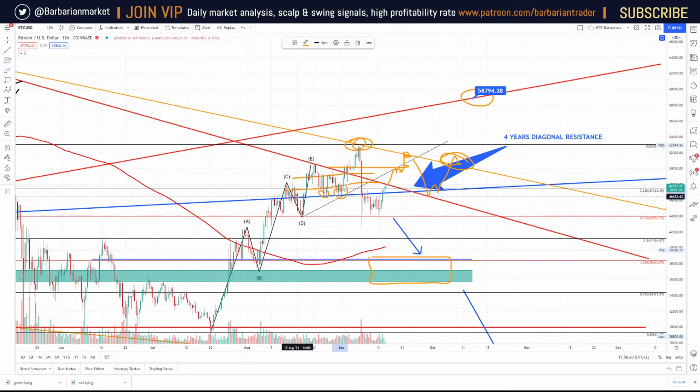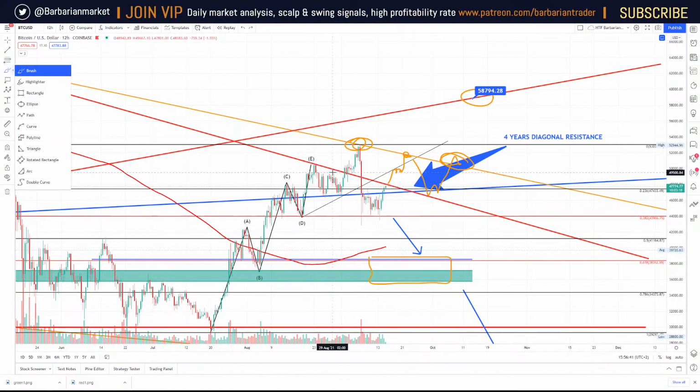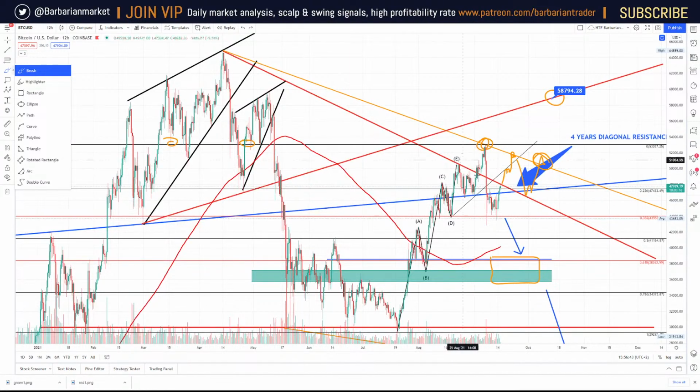So, we had this 4-year blue support, right? No, they break it. They go through it like cheese, right? Because they know, hey, look, a lot of people get excited. You see, we break this, they make this fake break above this diagonal, right? The top diagonal resistance that became support. They go through this like nothing.